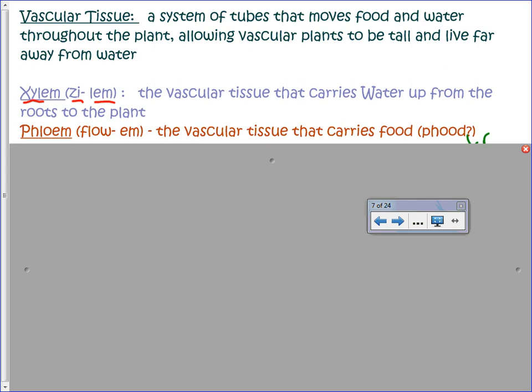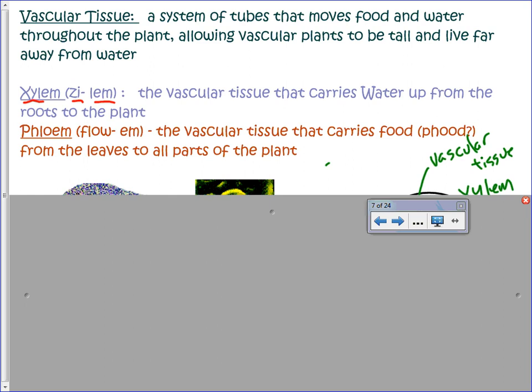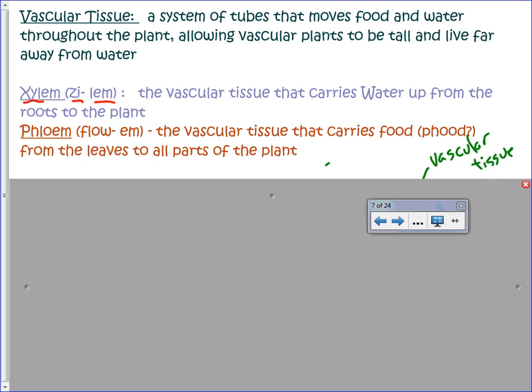The phloem is the vascular tissue that carries food. Xylem and phloem are big, strange words you've never seen before, so I always remember it because phloem carries food. Phloem, food. Silly? Yes, but it helps you remember which one's which. So phloem carries food from the leaves to all of the parts of the plant.